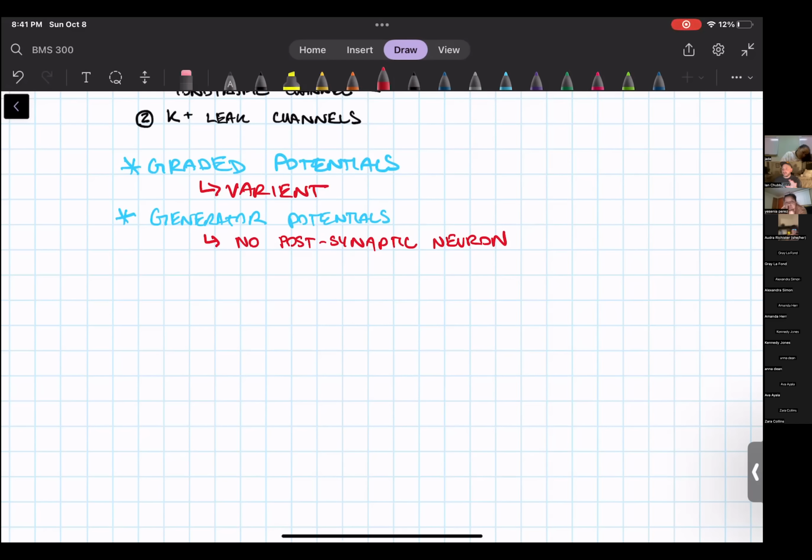If he did say, you mean presynaptic? No, postsynaptic, because it would be post the synapse. Okay. Oh, no, wait. Presynaptic would be before the synapse. You're right. Presynaptic would mean there's no neuron before. Yes. Sorry, no presynaptic neuron.